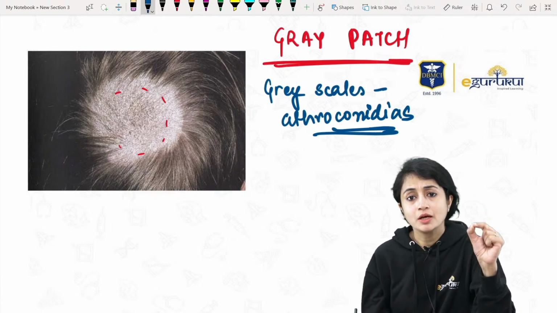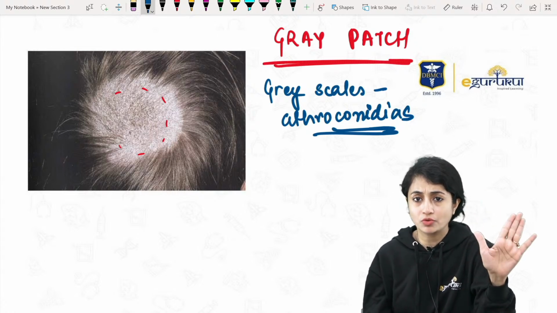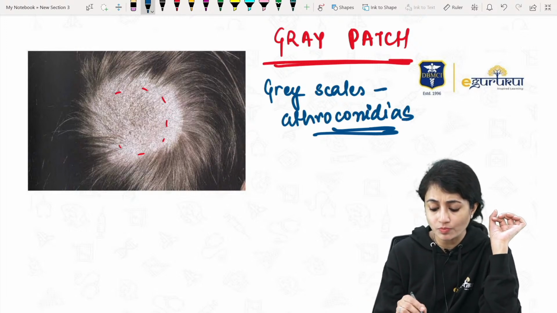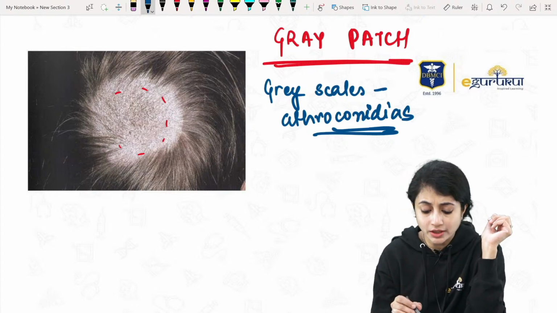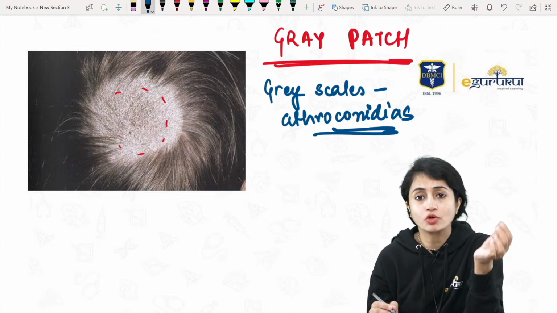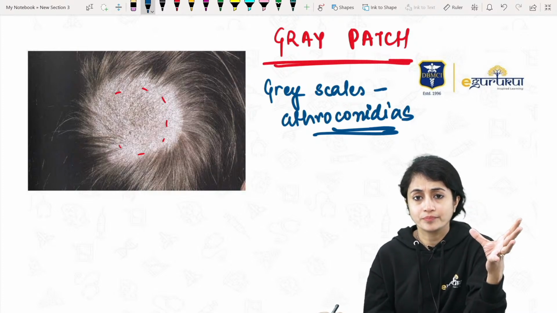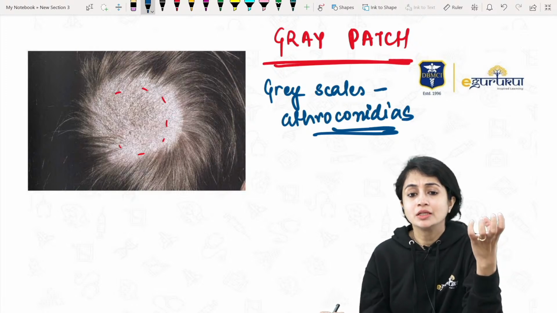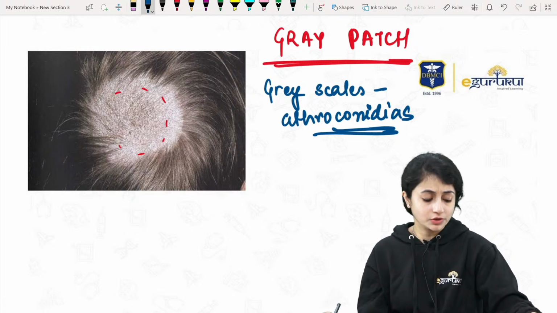In this, the fungal infection is affecting the hair shaft from the outside. I'll not go into the details. Just understand this grey patch is because of these spores which are present. And how does it look clinically? It shows a patch of alopecia with overlying grey scaling. These grey scales are nothing but arthroconidia or fungal spores.